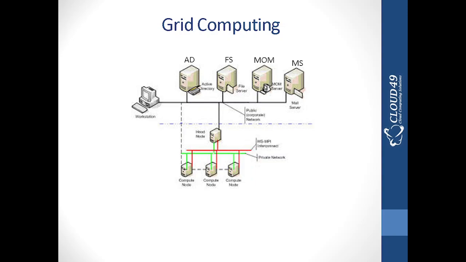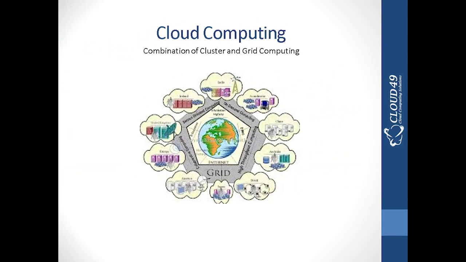So we have completed desktop computing, the client-server computing model, cluster computing, and grid computing, and now we are moving to the next, which is cloud computing. Cloud computing is the combination of clusters and grid computing.